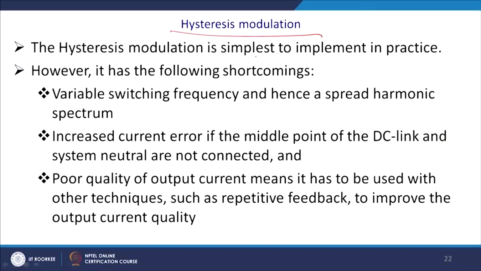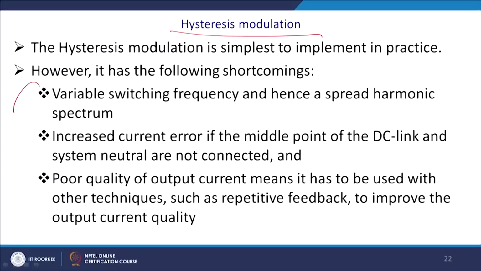Now, coming to the hysteresis modulation technique. This is a nonlinear modulation. We shall discuss it a little later in the class. The hysteresis modulation technique is the simplest to implement in practice.